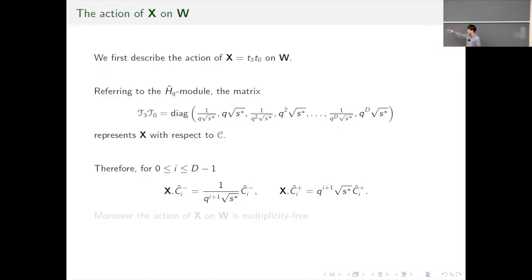So each characteristic vector is actually an eigenvector of X with the eigenvalue you see there. Each such matrix is multiplicity free, so the action of X on W is multiplicity free too. The action of X on W is this, so X acts diagonally on W.